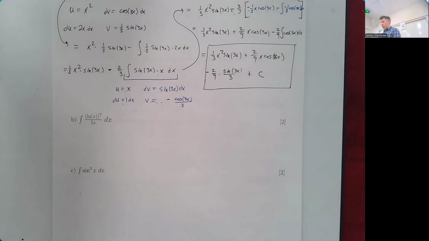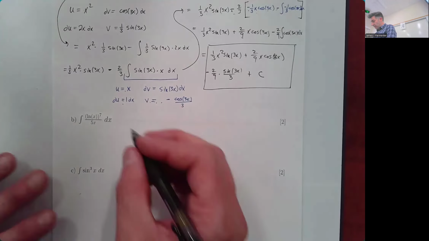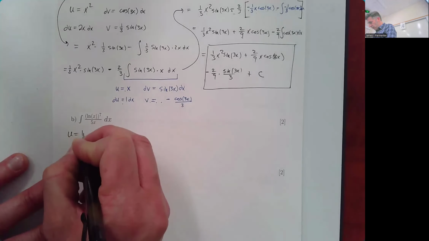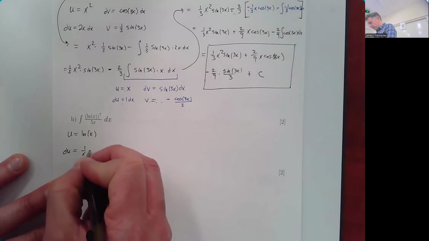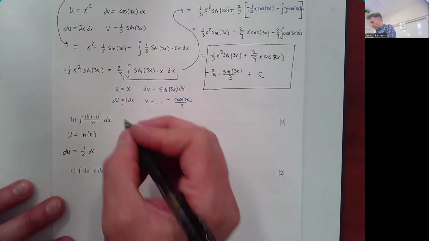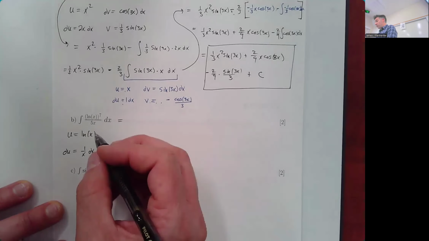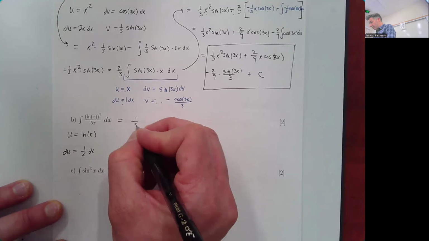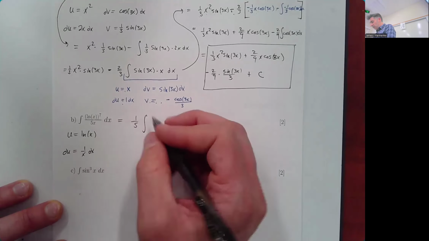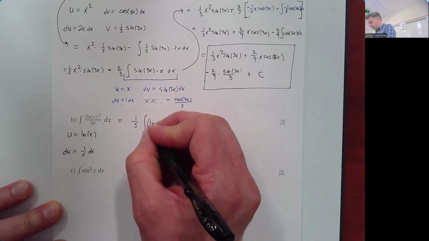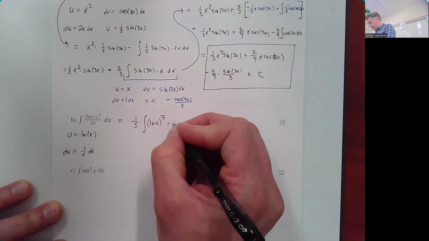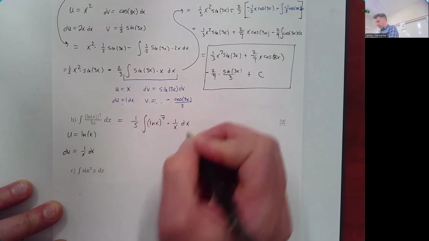So looking at this, natural log of x to the 7th power over 5x, I'm going to try a u substitution. I'm going to try letting u equal the natural log of x because du is equal to 1 over x times dx. And I could totally rewrite this integral. I would pull out the 1/5 in front and write it as, instead of natural log of x to the 7th over x, natural log of x to the 7th times 1 over x times dx.